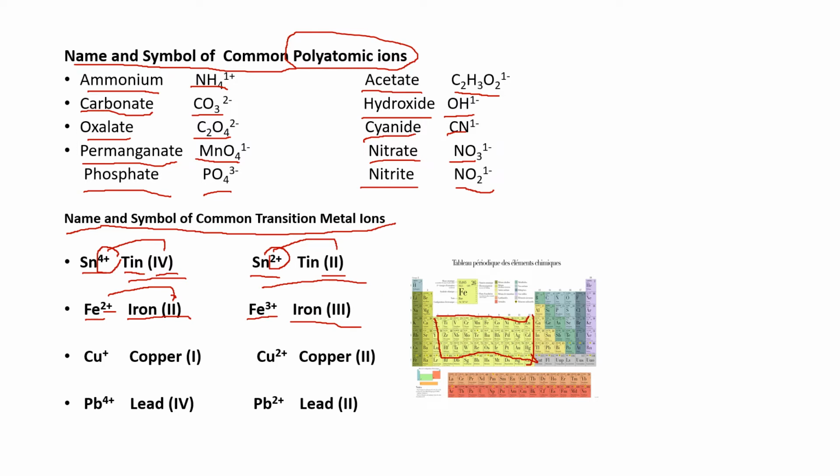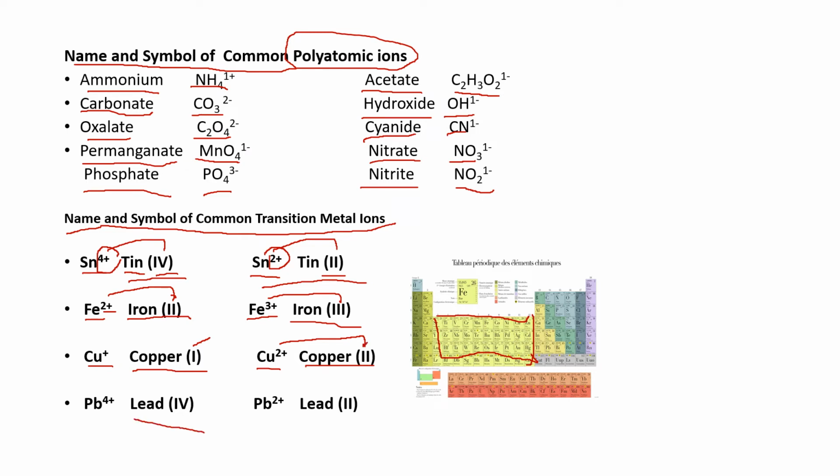The oxidation number 3 is indicated by Roman numeral 3. Okay, copper(I), the symbol is Cu+, and that one is indicated by Roman numeral 1. Copper(II), the symbol is Cu2+, and that 2 oxidation number is indicated with Roman numeral 2.